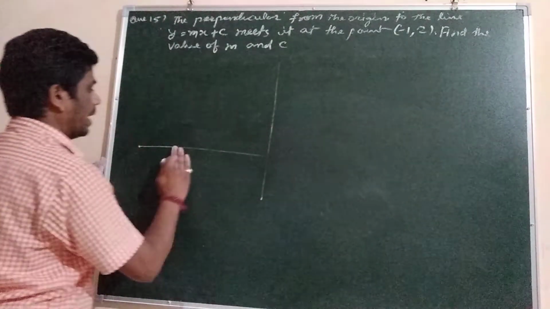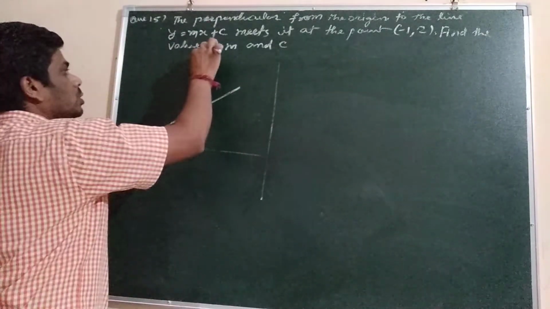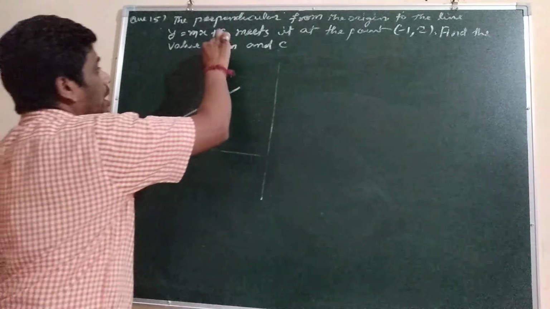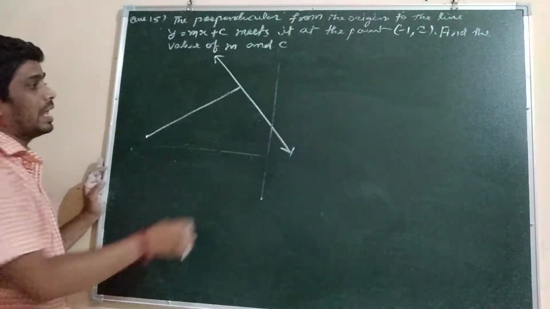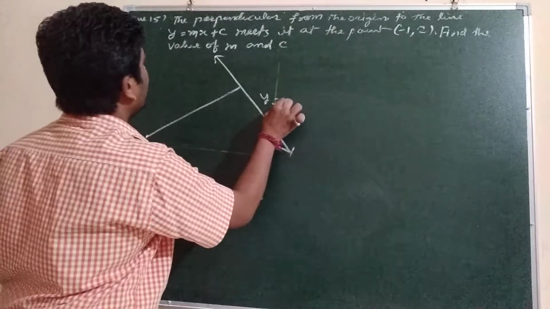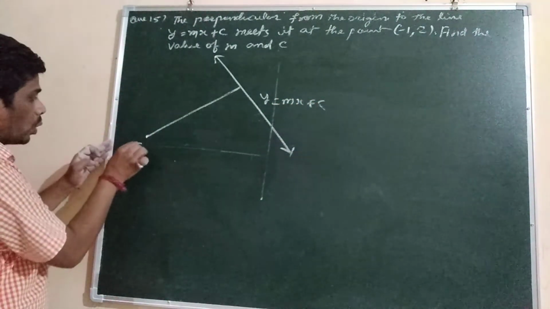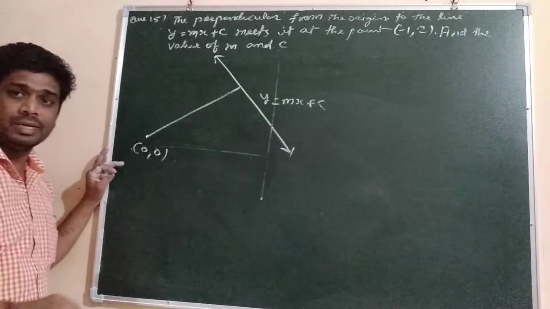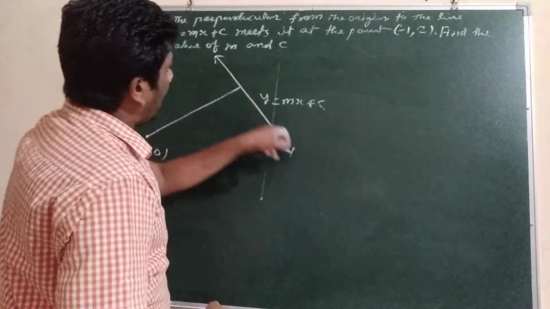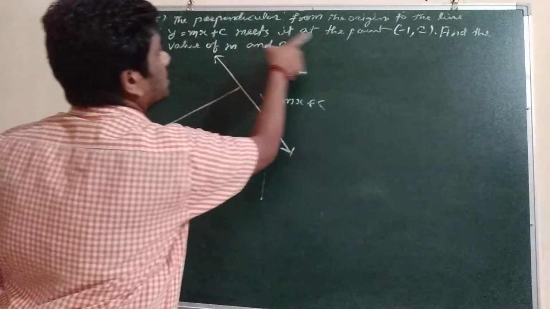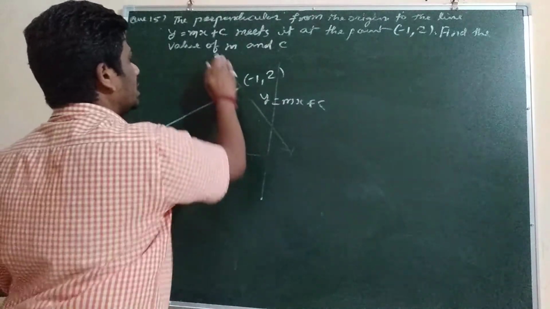This is the perpendicular on the given line y equal to mx plus c, and this is origin, so 0 0 we can write, and this perpendicular meets the given line at the point minus 1, 2.